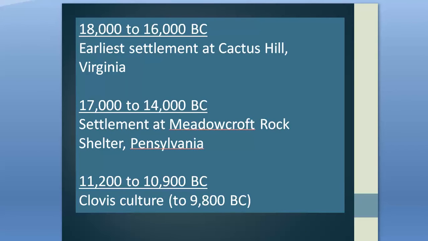However, there is a possibility that humans reached the first settlement at Cactus Hill in Virginia before the ice-free corridor opened, dated to between 18,000 and 16,000 BC.